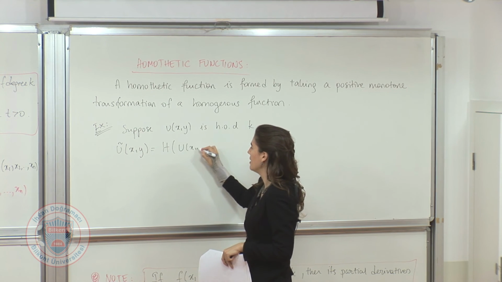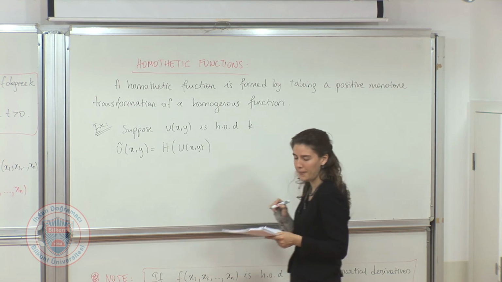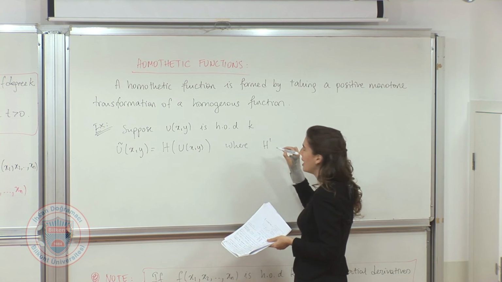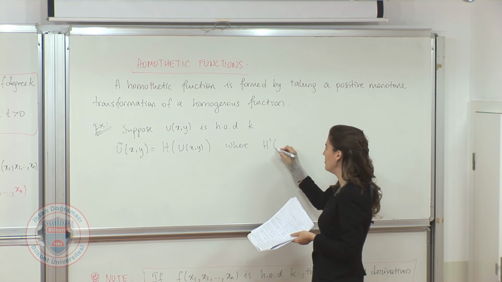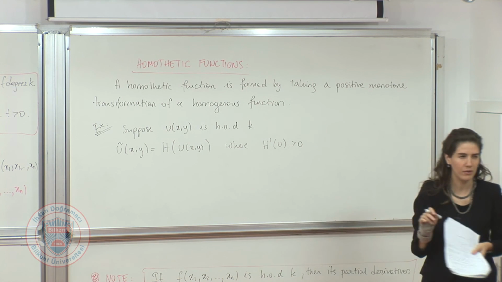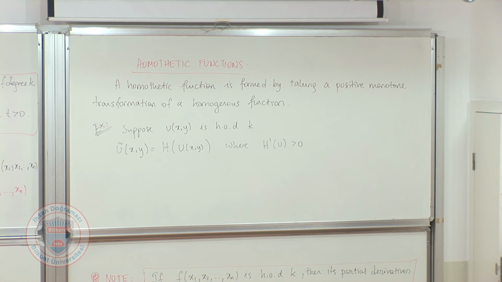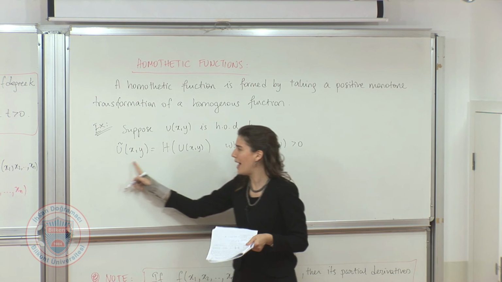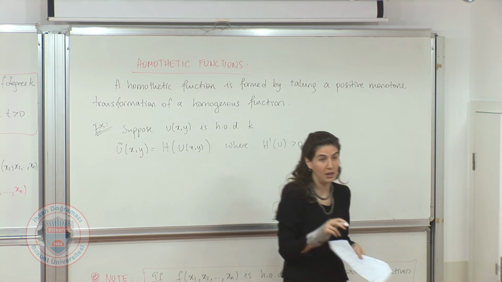So let's say you have this, where h prime, remember, the h prime of u is positive, okay? So this is basically what we said. So apparently, if this guy is homogeneous, then this guy is homothetic.